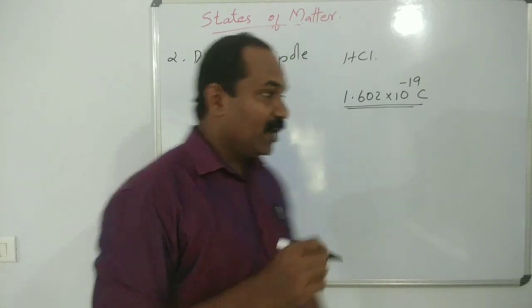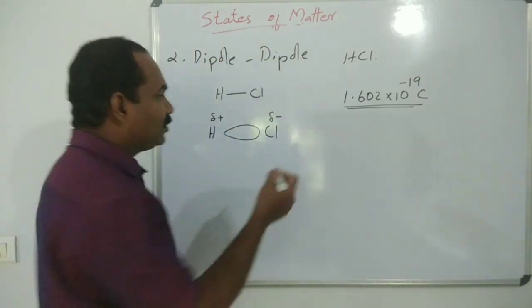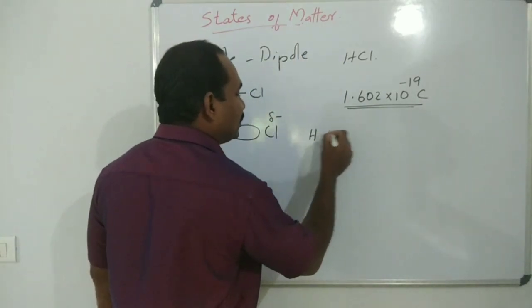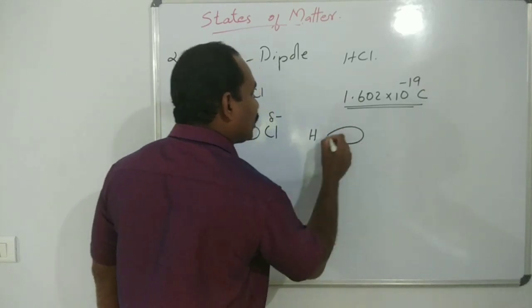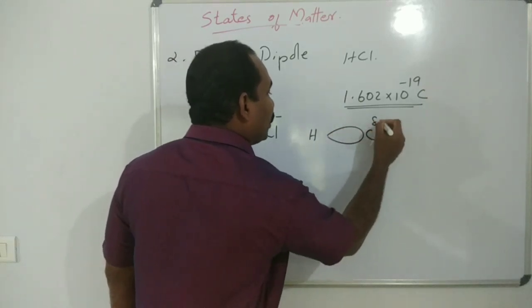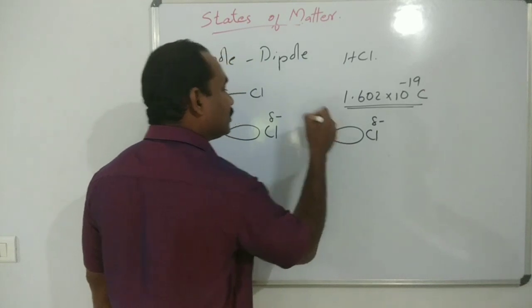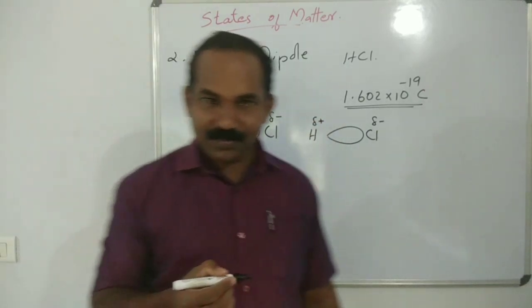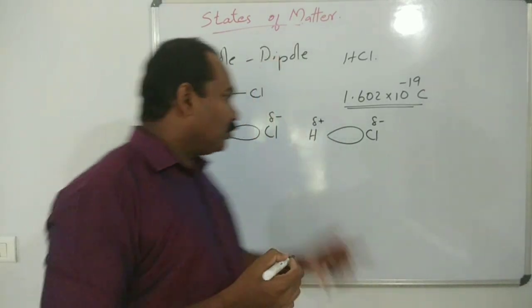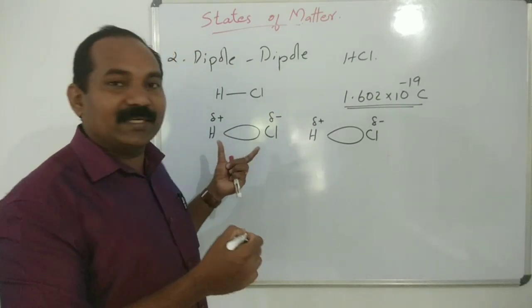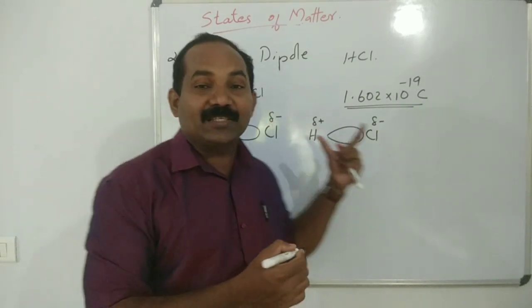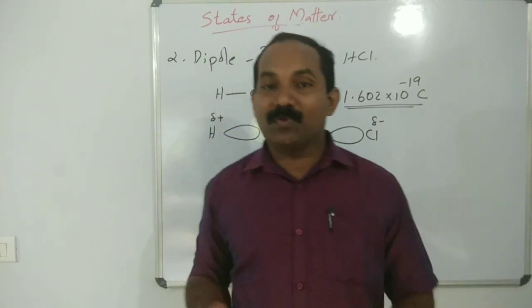And the second HCl molecule also has a permanent dipole. So one HCl molecule is a dipole and the other HCl molecule is also a dipole.